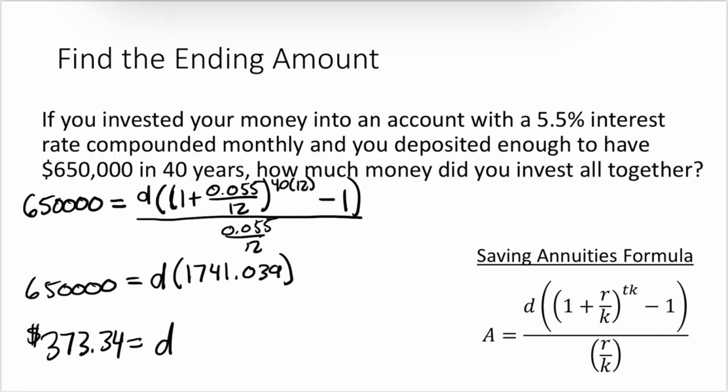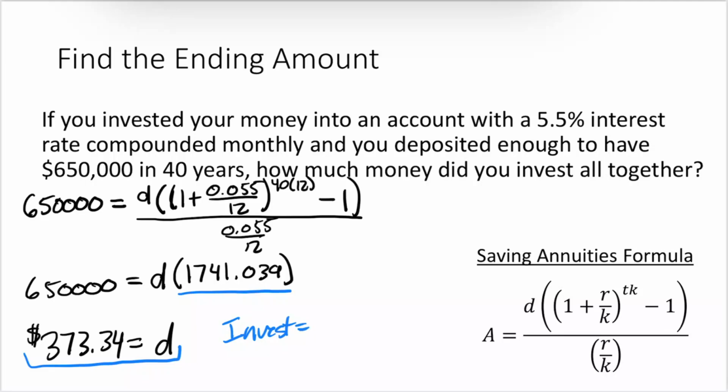So you would use the savings annuities formula, and when you go through it and you simplify all of this complicated stuff on the right, you should end up with this number times D equals the 650,000. Then when you divide both sides by that number, you'll get that your deposit equals $373.34.